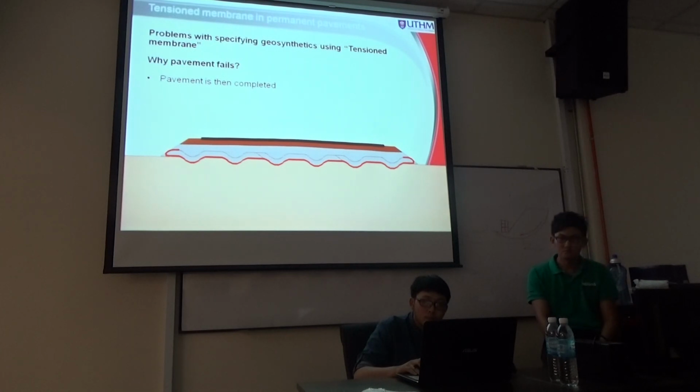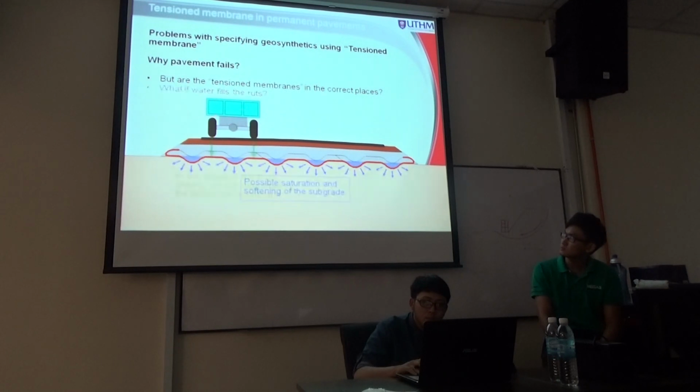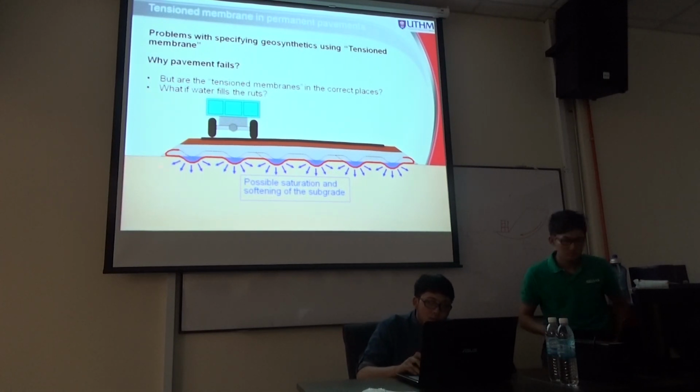They will not. Maybe next. This is where the wheel path is, but over here there's no tension process being done. And also, by creating all this, actually we're creating a pocket to keep water. Then we have problems later on.